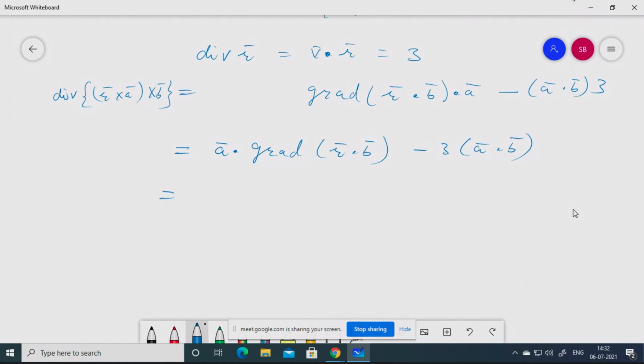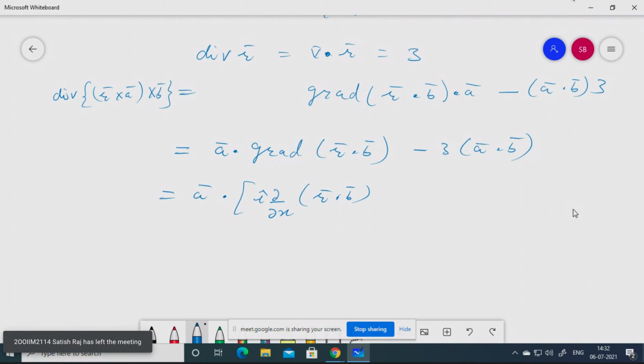Now let us calculate the remaining things here. A bar as it is, dot as it is. What does gradient mean? Gradient means I dou by dou x of R bar dot B bar. So here instead of writing 3 terms, I'll just write the summation sign.